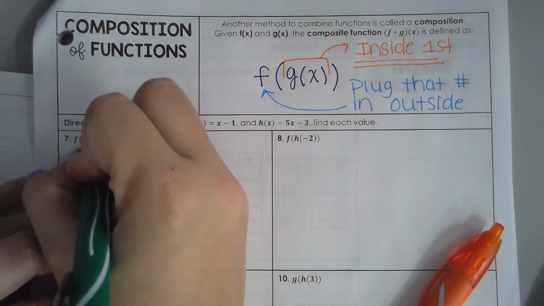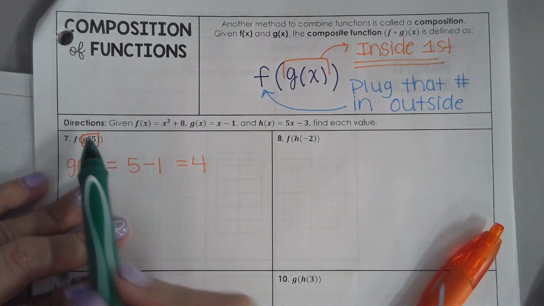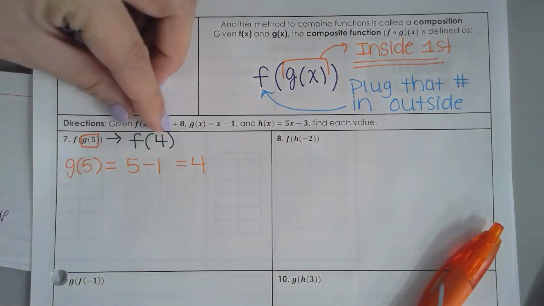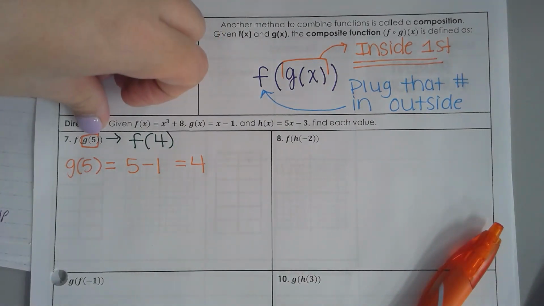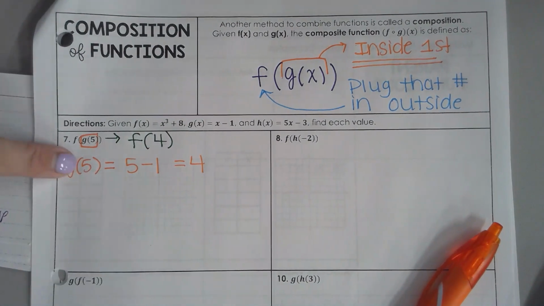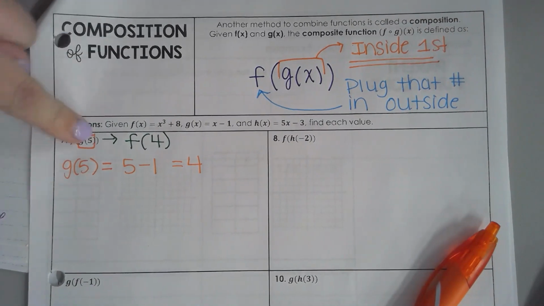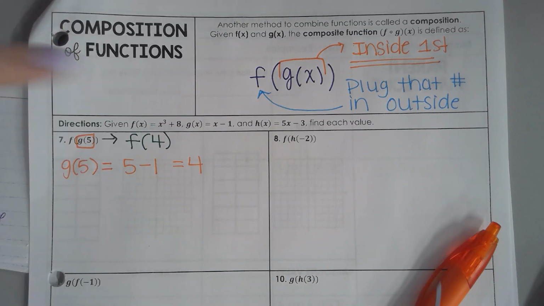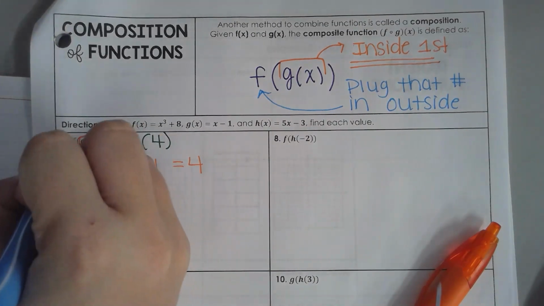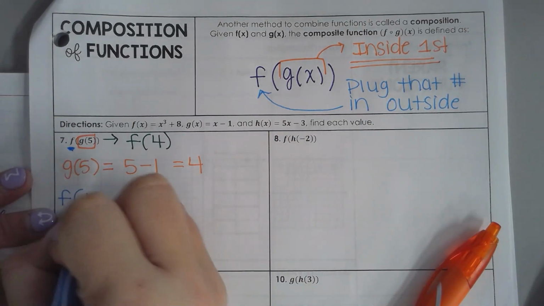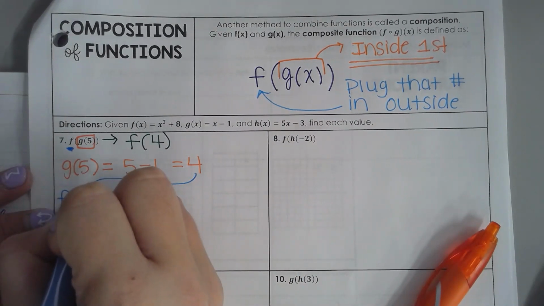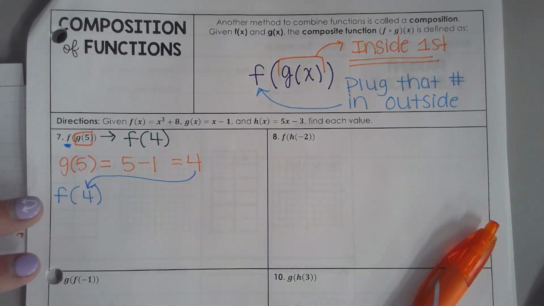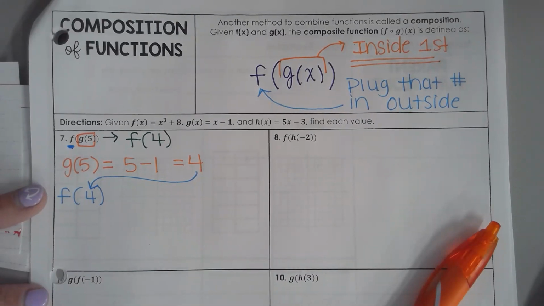So I'm going to replace where it says G of 5 with 4, because G of 5 is equal to 4. And so now I have to find F of 4. So this outside letter is F. I'm going to find F of 4. So whatever answer you get from the first round, you plug that in on the second round.